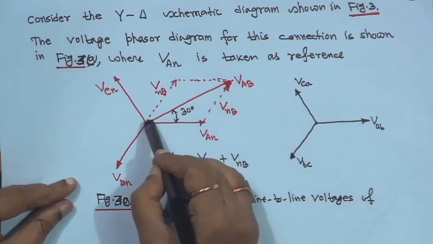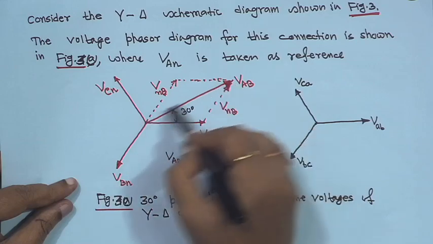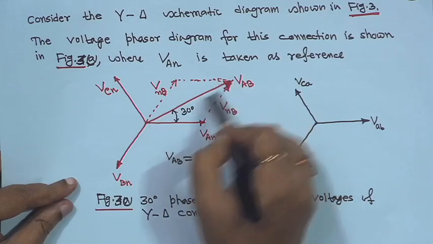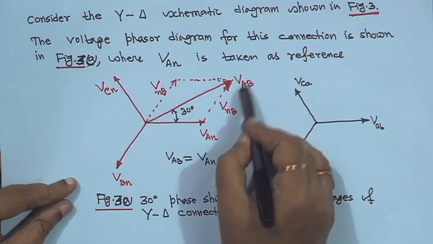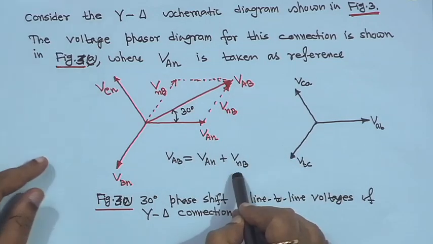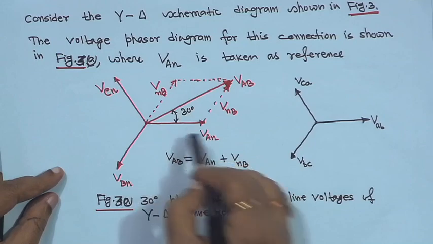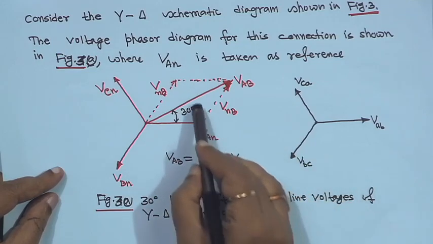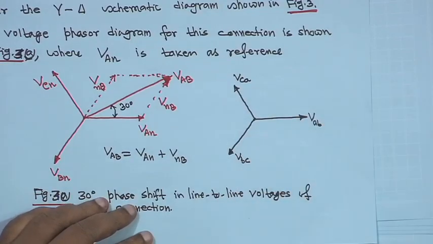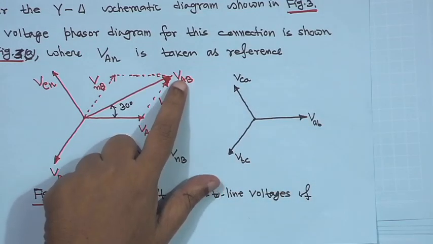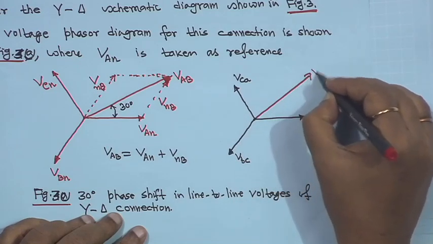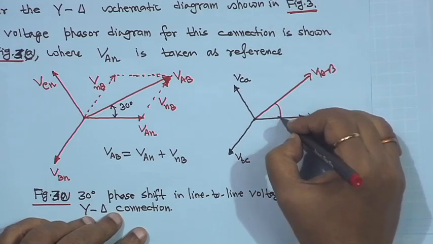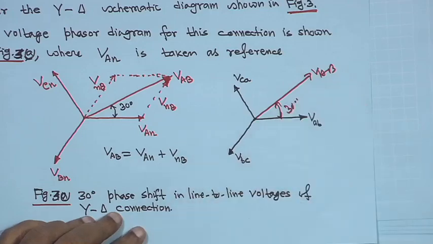Then complete it, and this is VAB. VAB is equal to VAN plus VNB. So this angle is 30 degrees, meaning VAB is 30 degrees from VAN. Now if I put this VAB here, then this angle is 30 degrees.